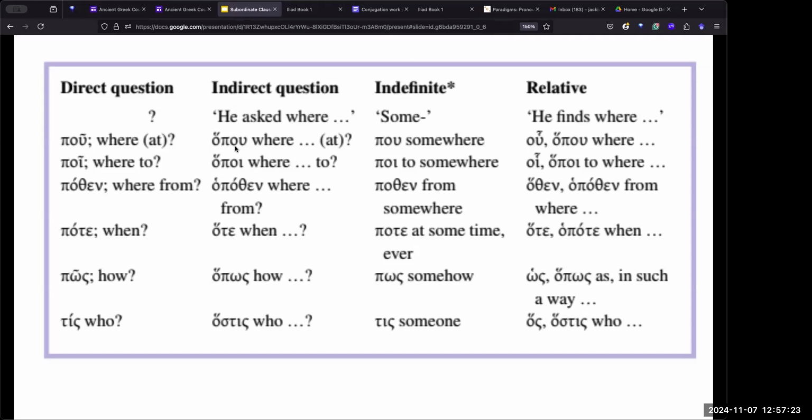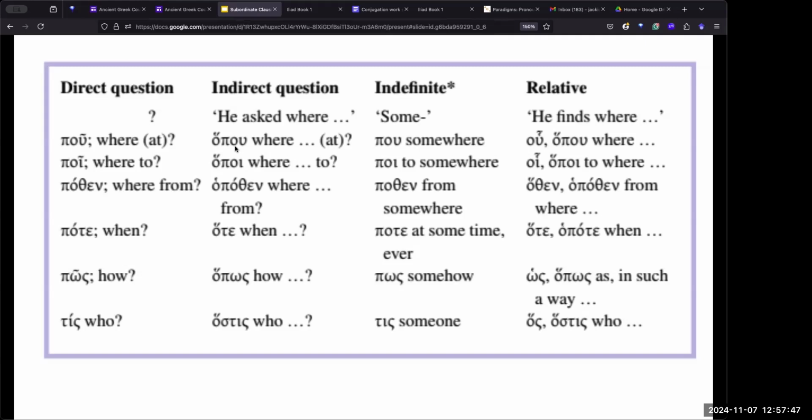He asked where, but you can, as I said, use both of these, the direct question word and the indirect question word equally. But the indefinite, notice it doesn't have the accent. So from somewhere, and then the relative then, I asked him to come from the house from where I was born, something like that, right?